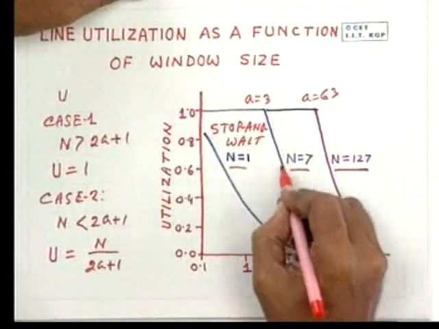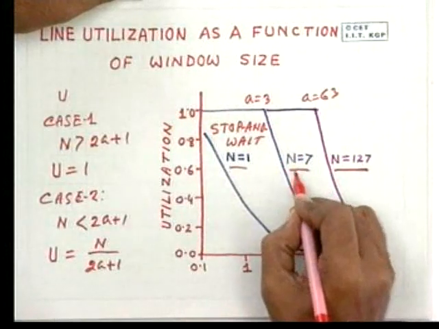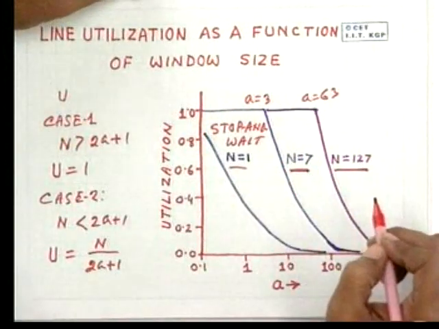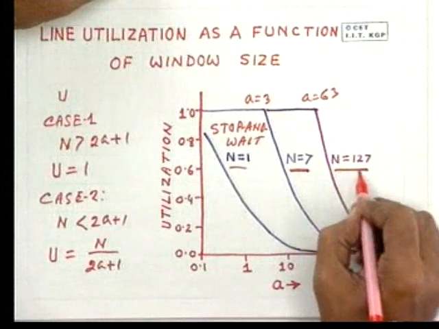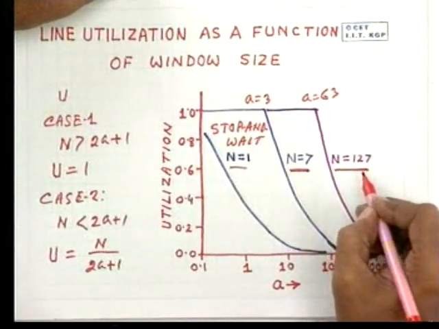Normally, for LAN applications, n is equal to 7 is adequate. On the other hand, when you are communicating through a wide area network over a longer distance, then n is equal to 127 has been found to be very satisfactory. When you are communicating through satellite over a long distance, then n is equal to 127 is sufficient.